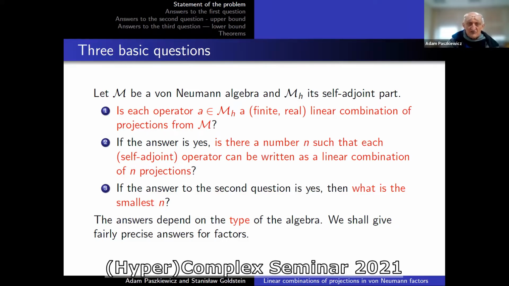It means functionals such as a probability on events, and these states have an additional property that they are tracial. This is very important to describe a von Neumann factor.